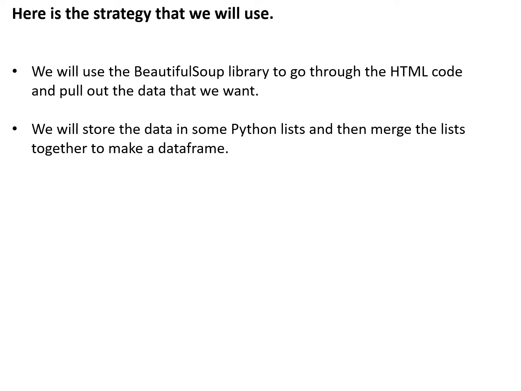Do those tags have a class associated with them, or is there some way we can identify where in the HTML the actual data that we want is? Then we're going to store that data in some different Python lists, and then we're going to merge the lists together to make a data frame. And then we'll have a data frame that we can pull into pandas and do anything that we can do in pandas with that data.